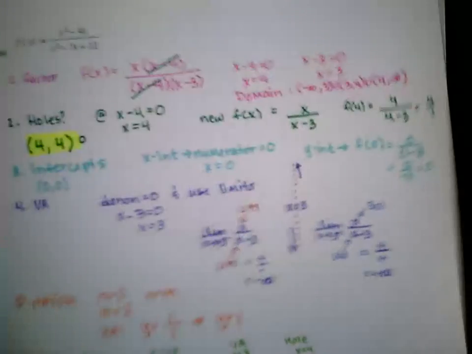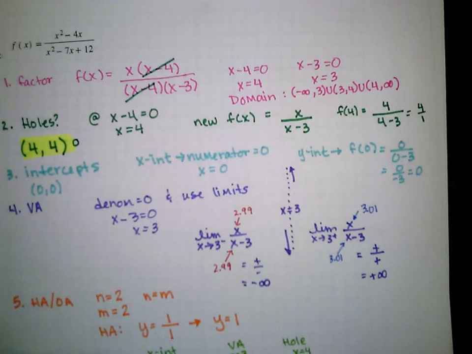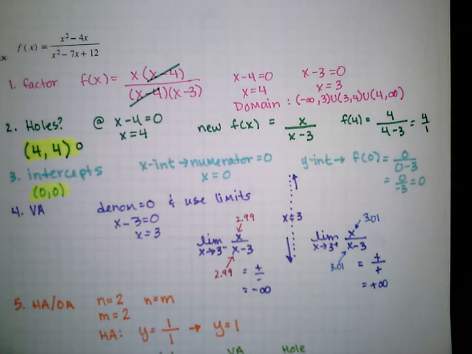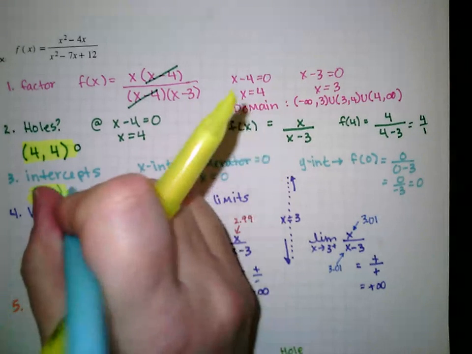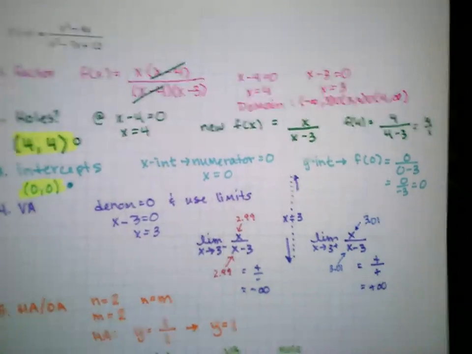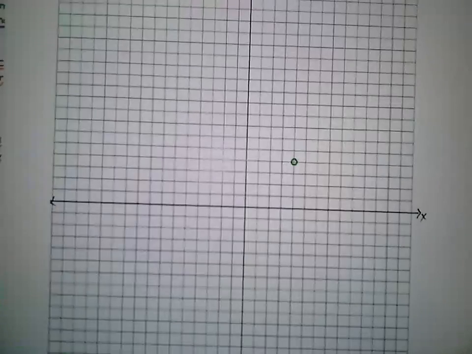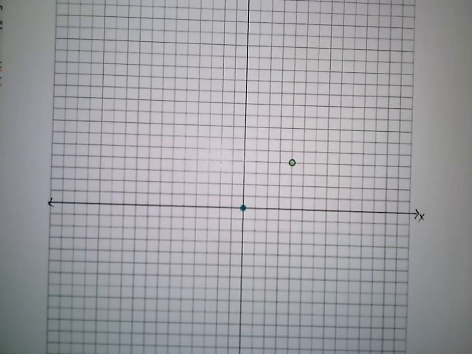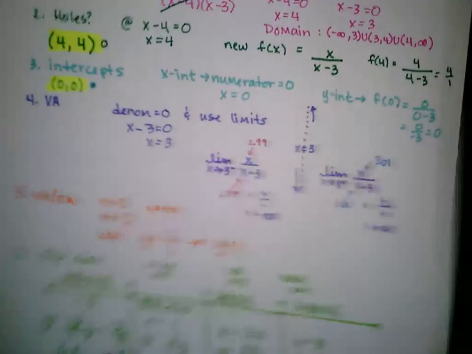What is next? X and y intercepts. Well, this one only has the one intercept, and it goes on as a solid dot. So 0, 0 is going to be a solid dot. What's next to go on?